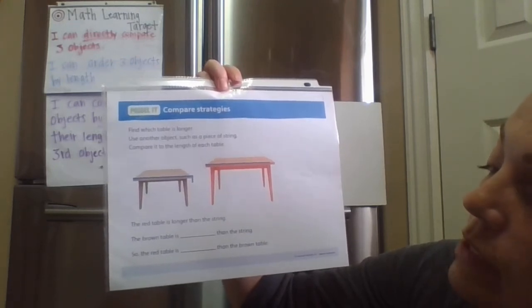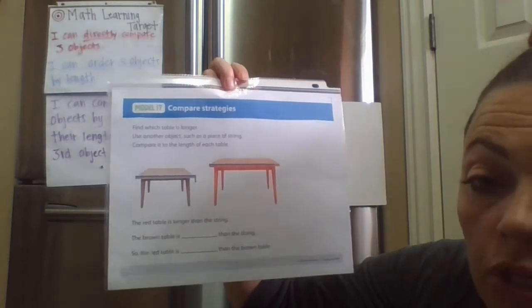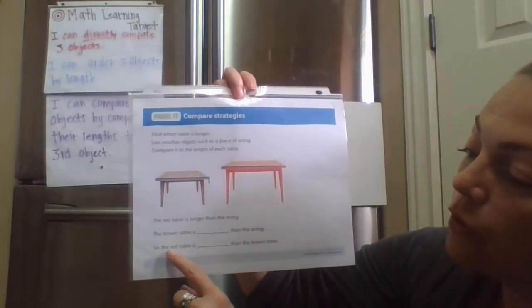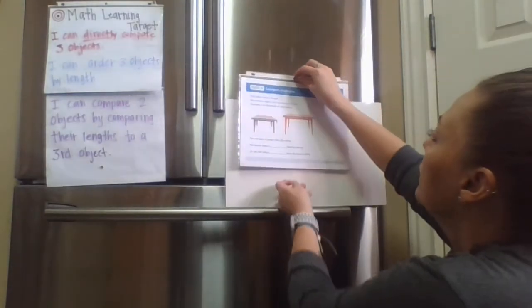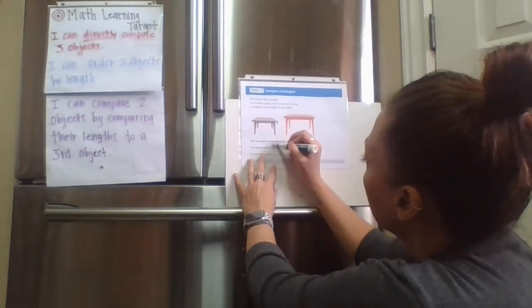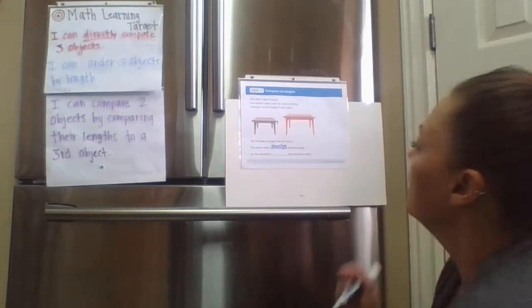Well, we just said that the brown table is shorter than the string because the string falls off the edge, right? So we would write the word shorter here, than the string.